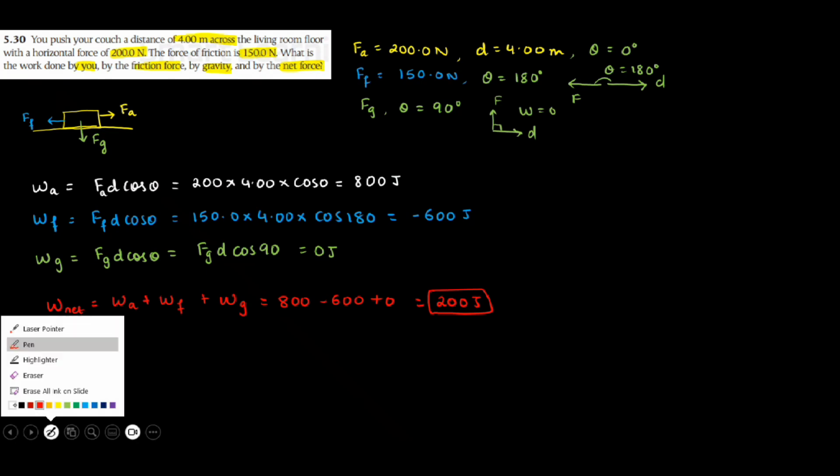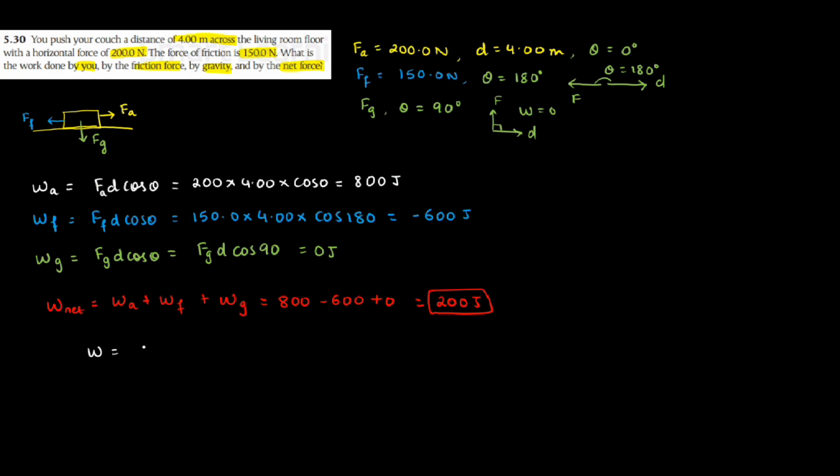If not, then you can find the net work by taking the product of the net force times displacement. When you are taking this net force, you need to take into consideration the direction of these forces. You can individually add these values: F applied d cosine 0 plus F friction d cosine 180 plus Fg d cosine 90.